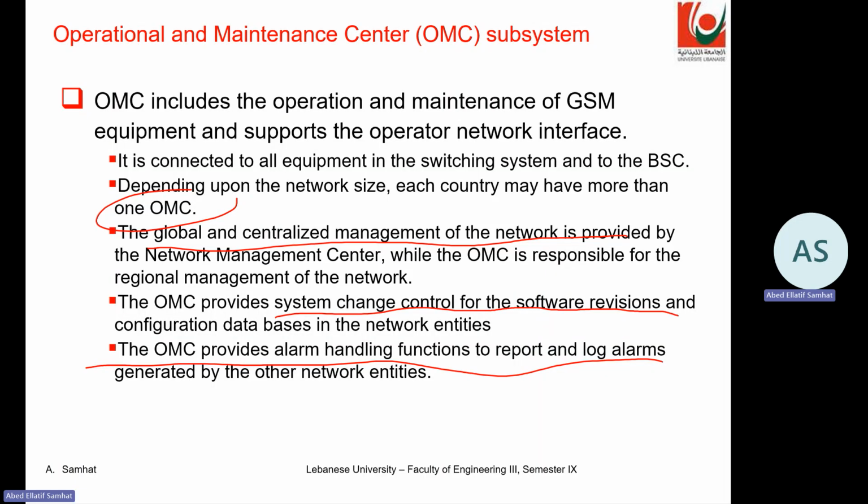So this will end chapter 2. I hope that you can review this part. Okay, it's very important for you to review this part because in the next chapter I will go into details to see the GSM radio interface. We will study it in detail.